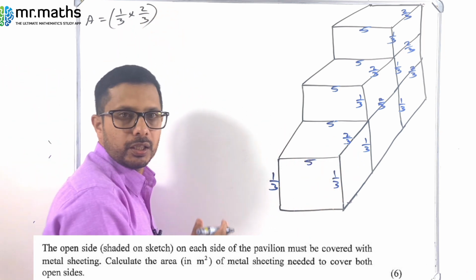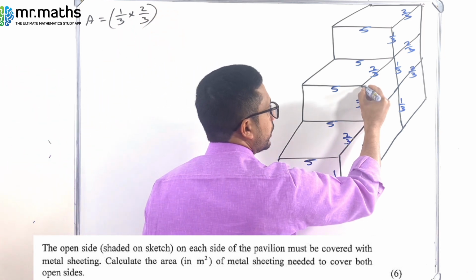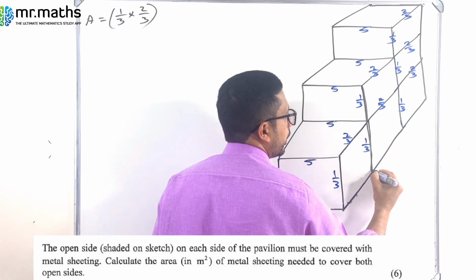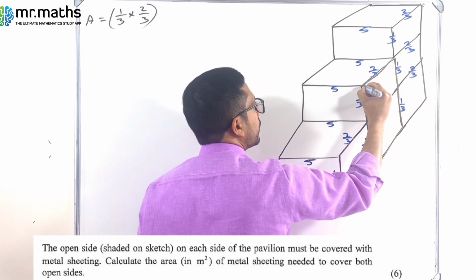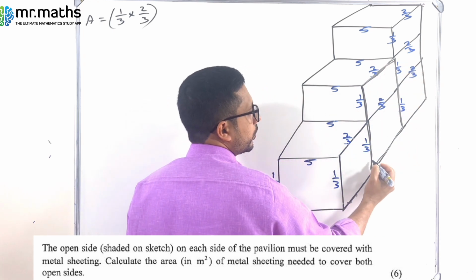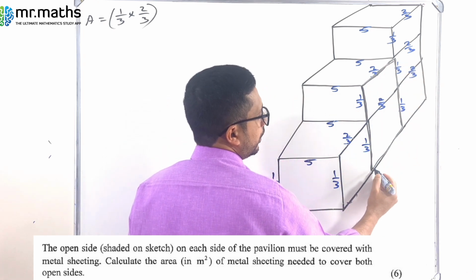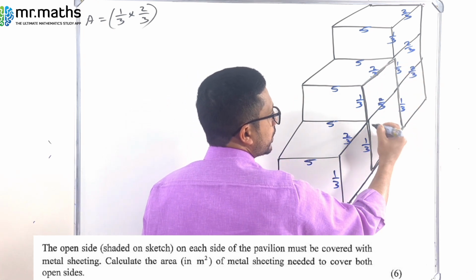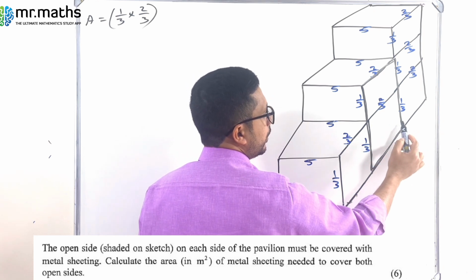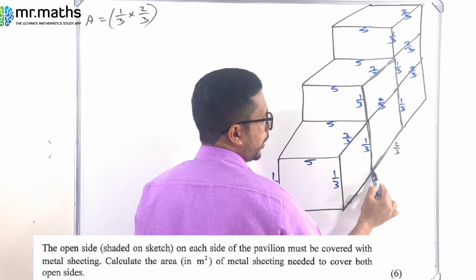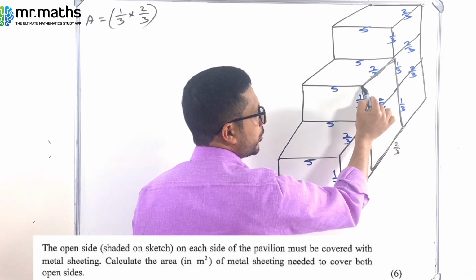Am I right? Now look at this part. On the second step, this is the area that we need to cover. This one is the same, 2 over 3. But the height is a double height. Up to here it is 1 over 3, up to here it is 1 over 3.